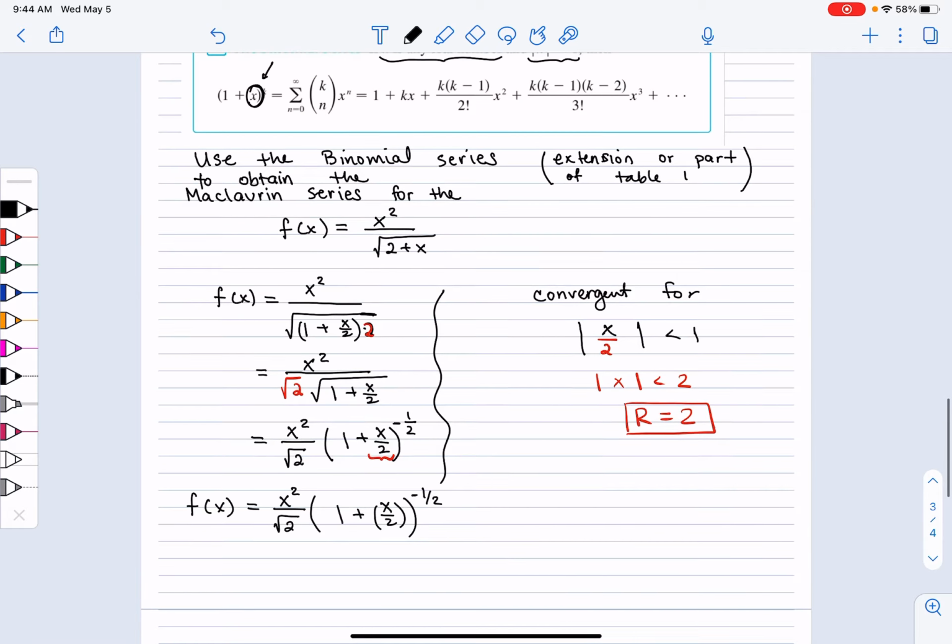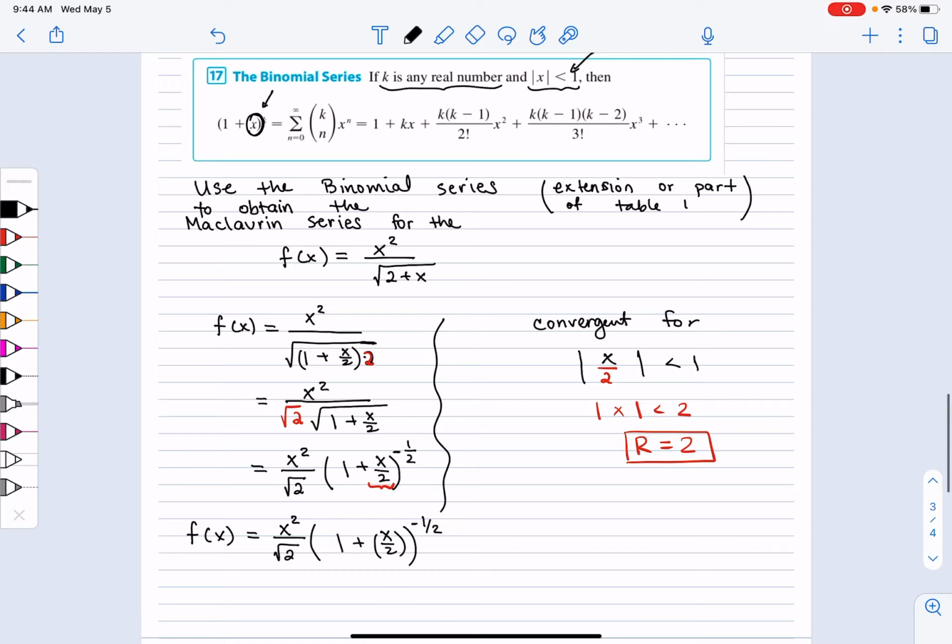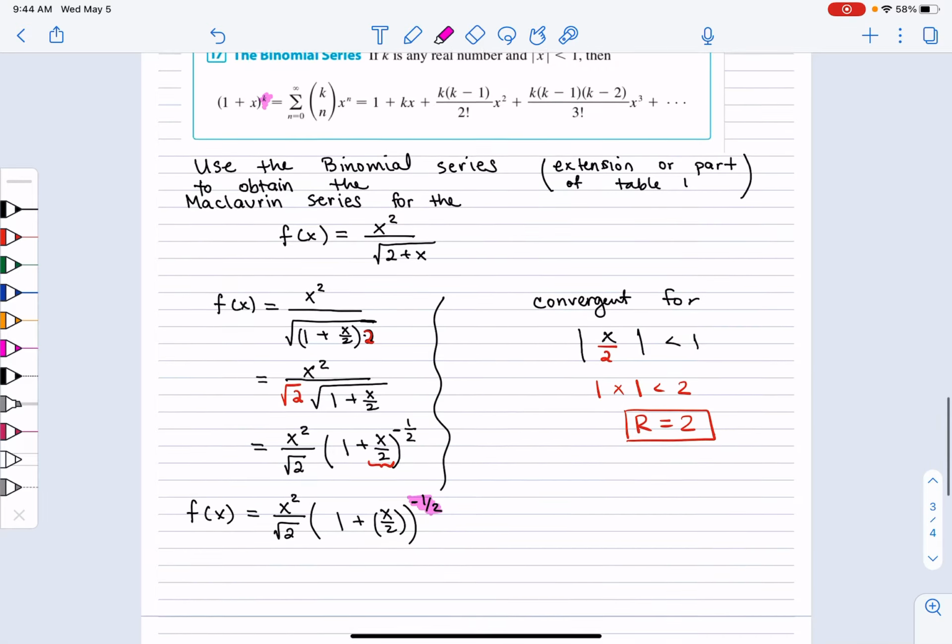In terms of your binomial series, in terms of this formula, we can say that k is equal to negative 1/2.